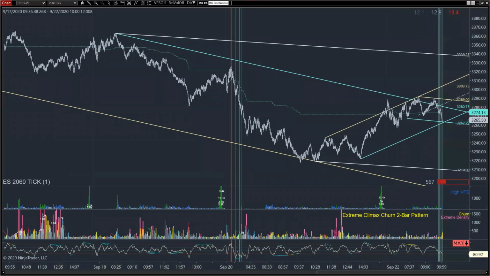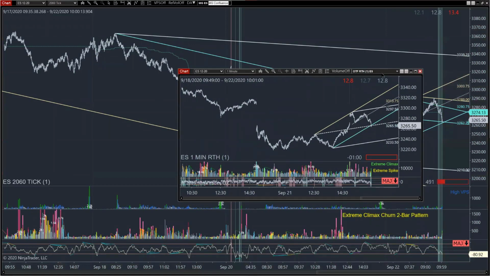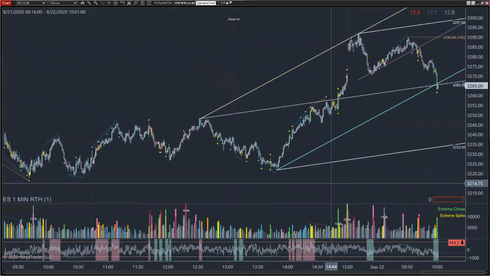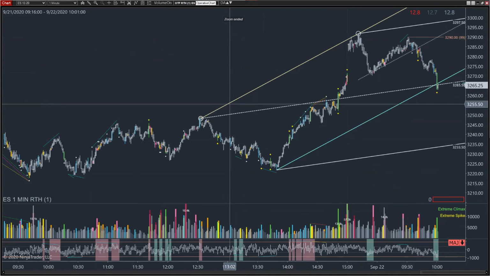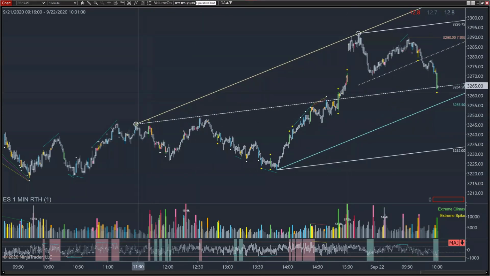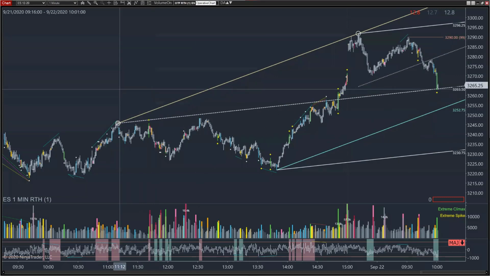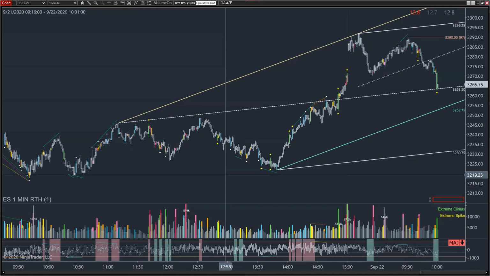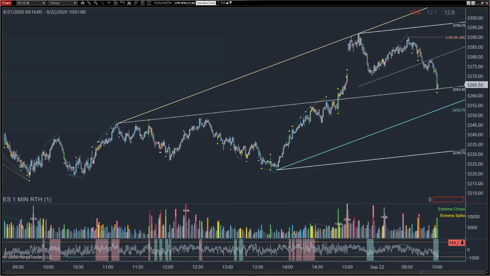Let's have a look at this one here. Interesting. It looks like an ABC if I've ever seen one. I should be long right now.